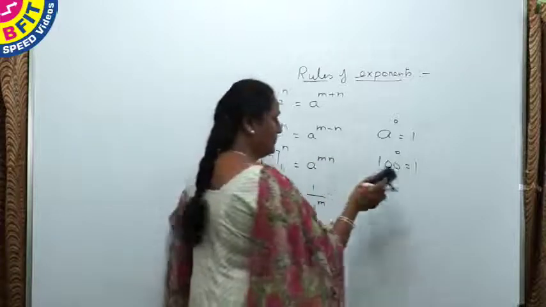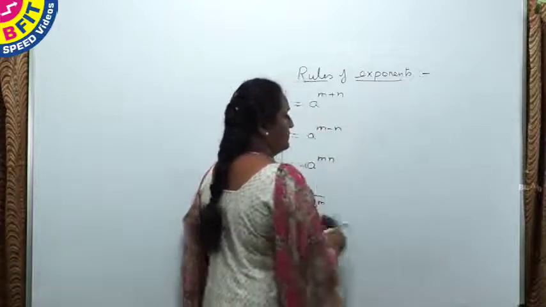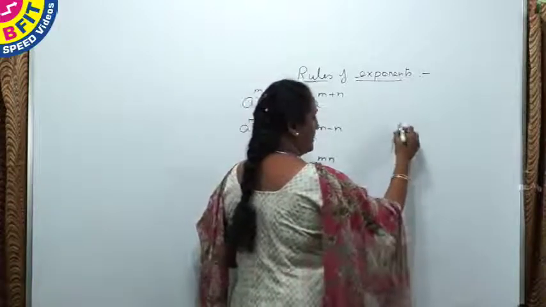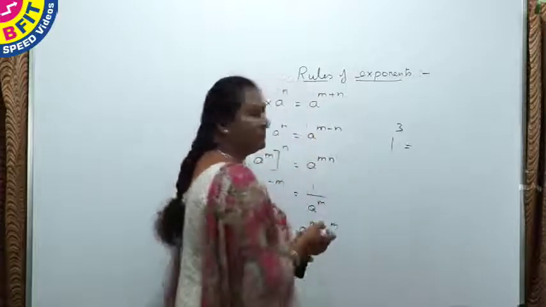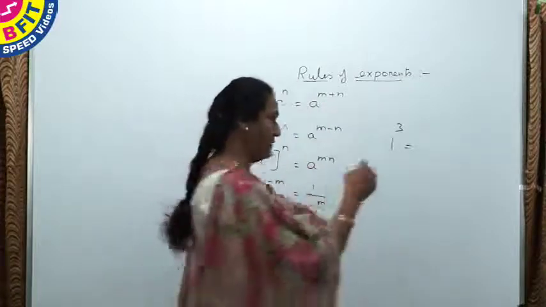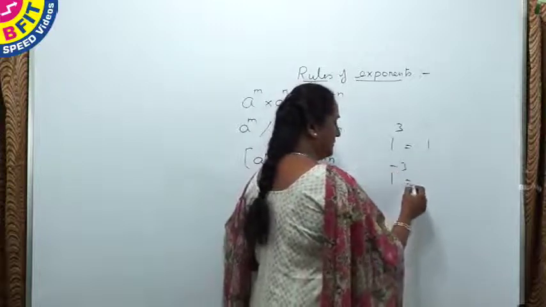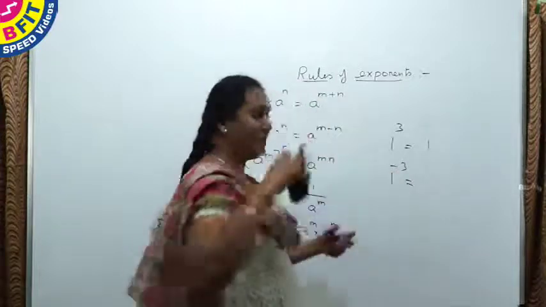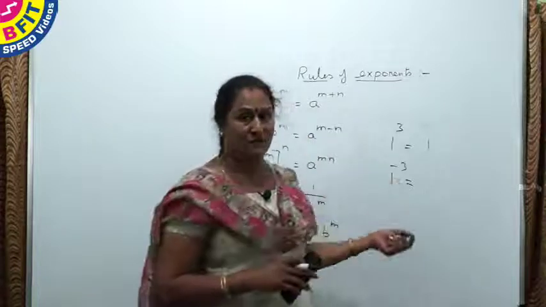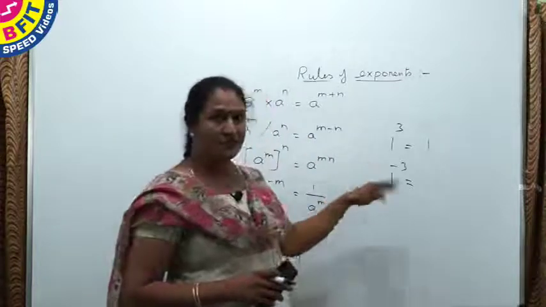And also, suppose you have 1 power 3, what will be the value? 1 power 3 is 1. So what is the value of 1 power minus 3? You may have a confusion whether it is minus 1 or 3, but clearly it is 1.